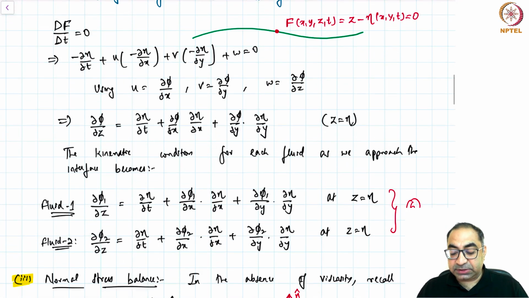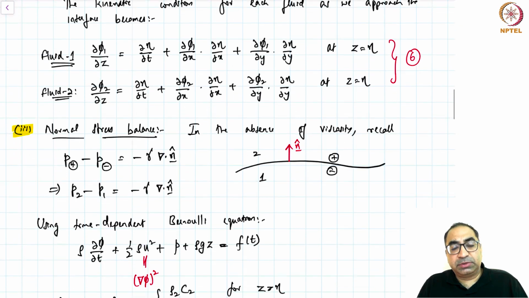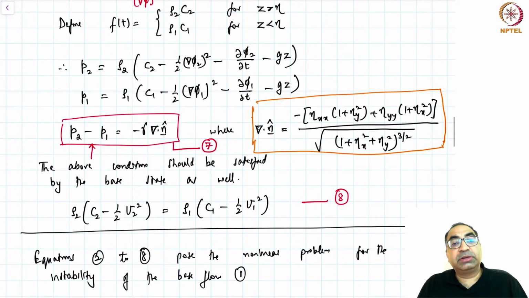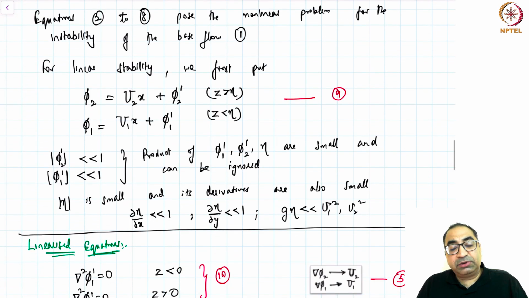Now, we first wrote down the governing equations using the velocity potential. The key governing equation is the Laplacian of the velocity potential. We also used the unsteady Bernoulli equation to get the expression for the pressure, and finally we wrote down the normal stress balance boundary condition.